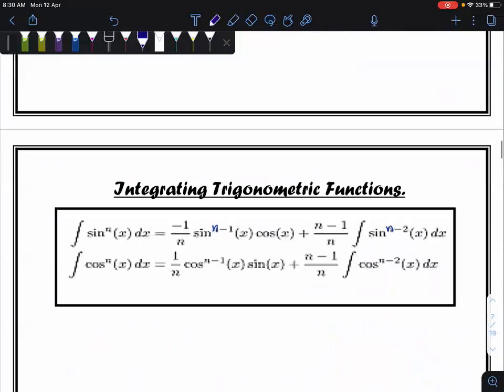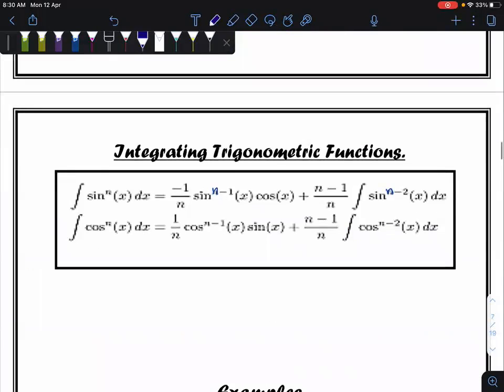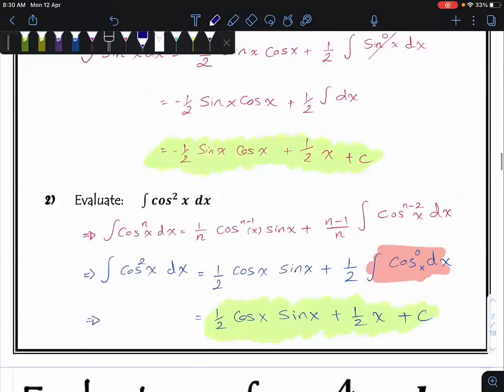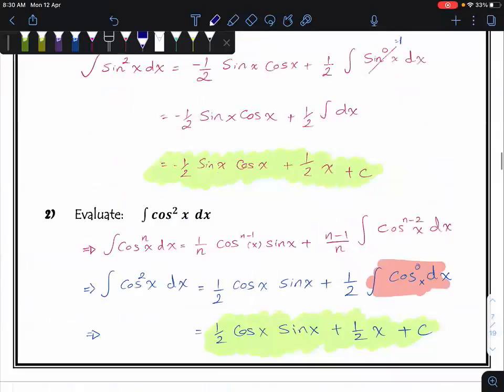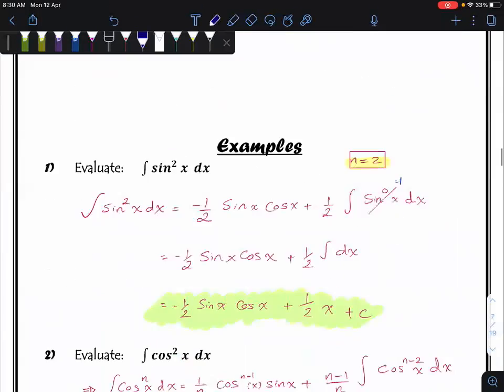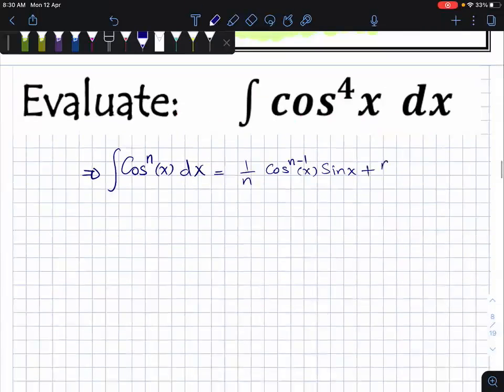1 over n cosine to the n minus 1 of x sin x, plus n minus 1 over n times the integral of cosine to the n minus 2 of x dx.